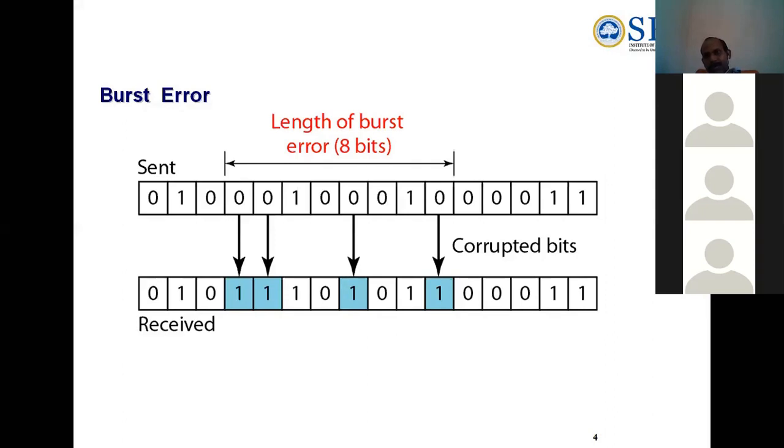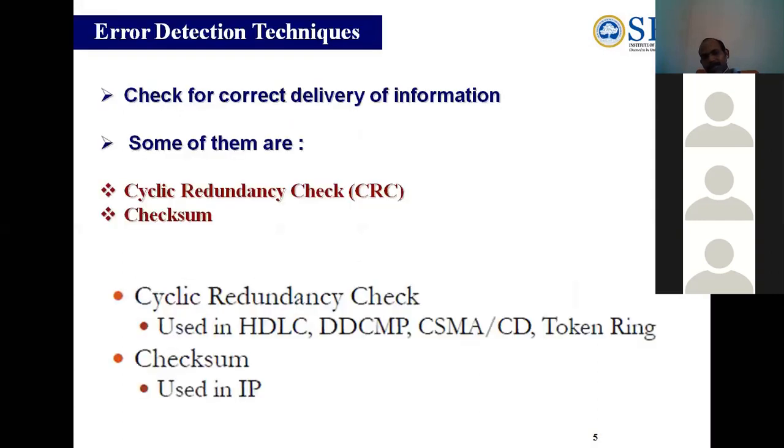We need to identify at the receiving end whether the same packet has been received or not. If I am sending a message, converting this message into a sequence of bit streams, the same sequence of bit stream has to be delivered to the destination end. For this, I can use different mechanisms. The first mechanism is called cyclic redundancy check.